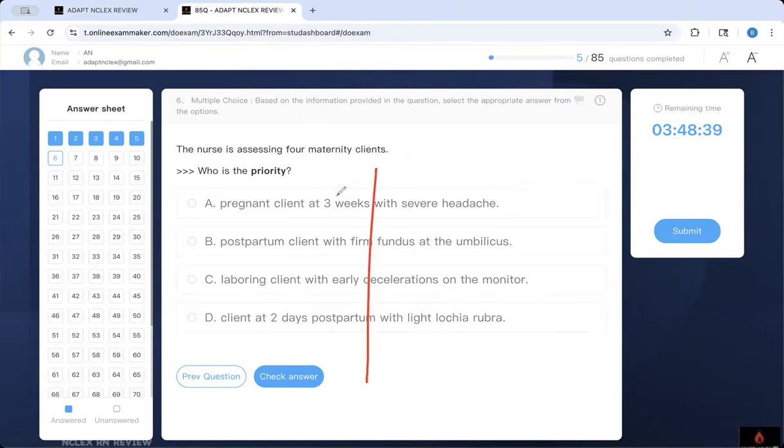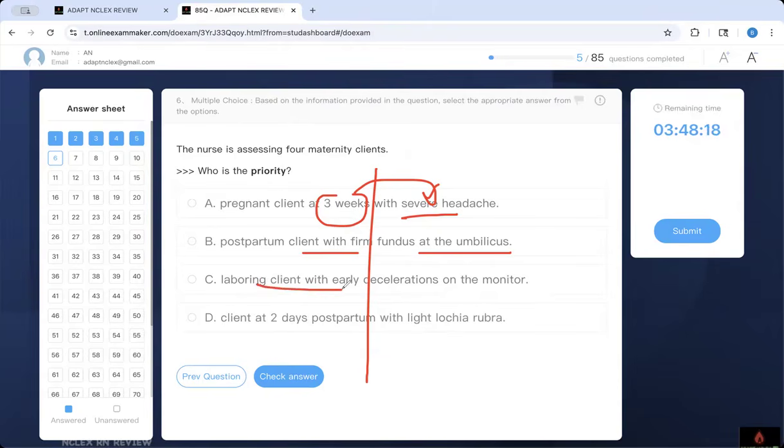What do you think? 3 weeks pregnant, headache is not good. First trimester headache is not good, right? And it's severe, an adjective qualifying it. Postpartum client with firm fundus at the what? Umbilicus, unexpected finding.